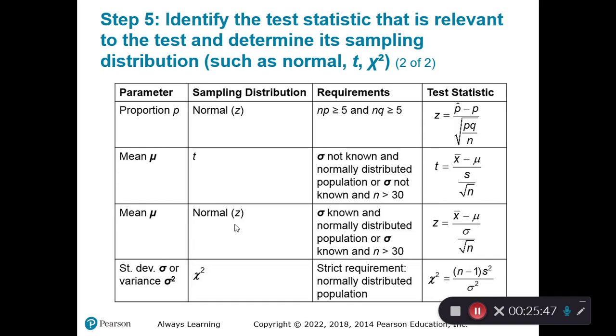So we use the standard normal distribution as a stepping stone, as something that's known to us, to start practicing with the process. But in reality, anytime we're talking about a population mean being unknown, we're going to be using t instead.